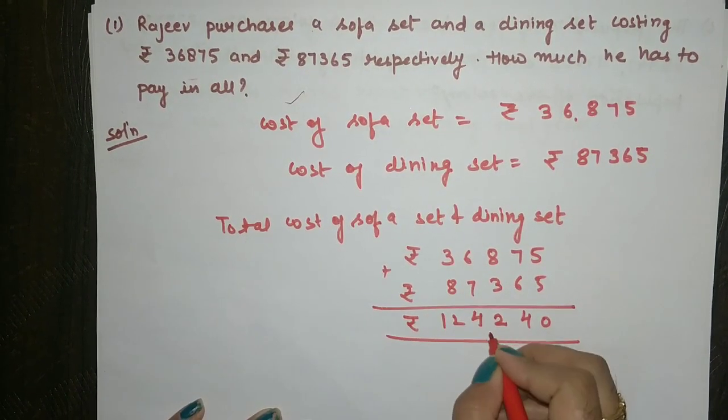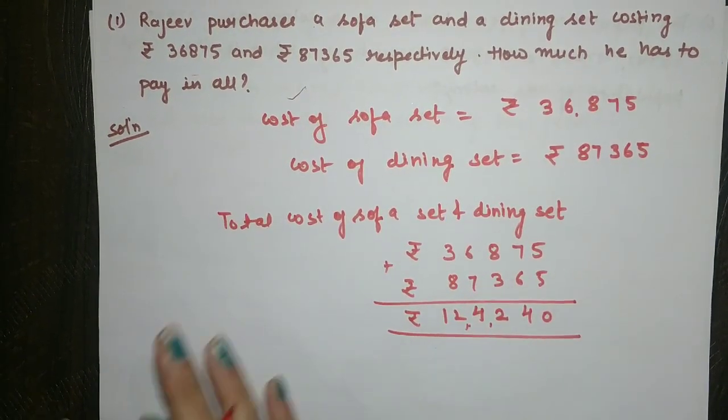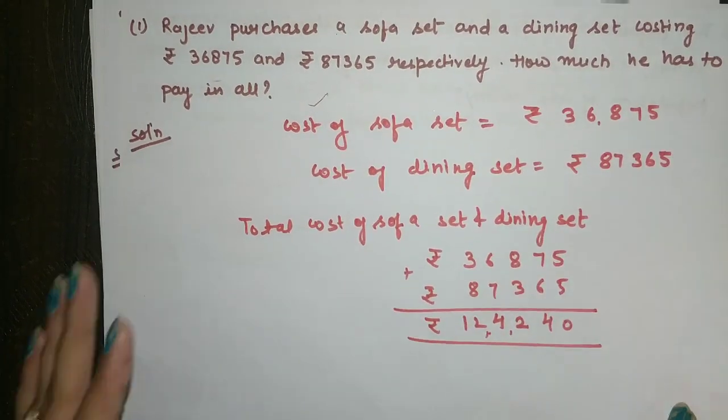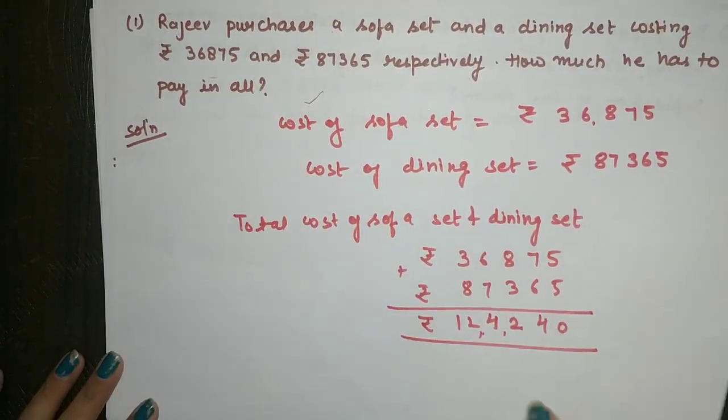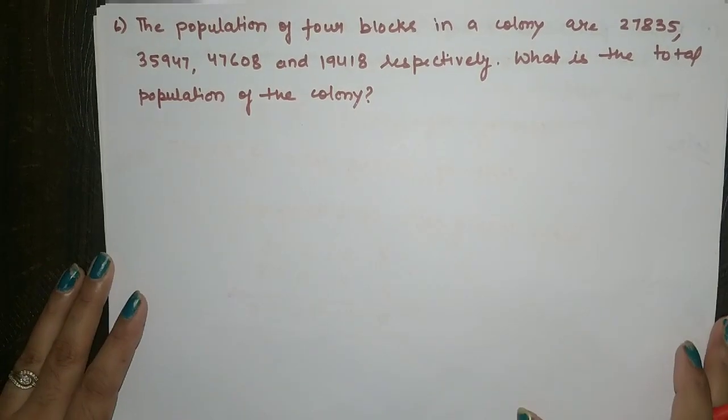Hence, this is the total amount which Rajiv has to pay for both the sofa set and the dining set. Let us come to the next example.